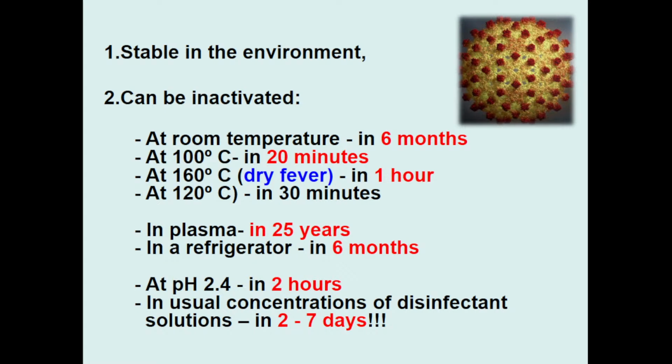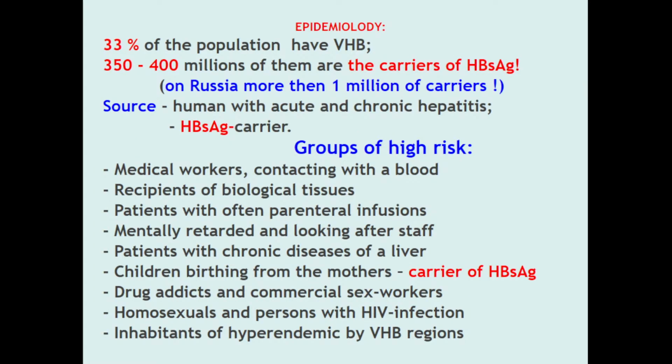In plasma in 25 years. In refrigerator in 6 months. At pH 2.4 in 2 hours. In usual concentration of disinfectant solution in 2-7 days. Really resistant, so it even has a household method of passing from one person to another.